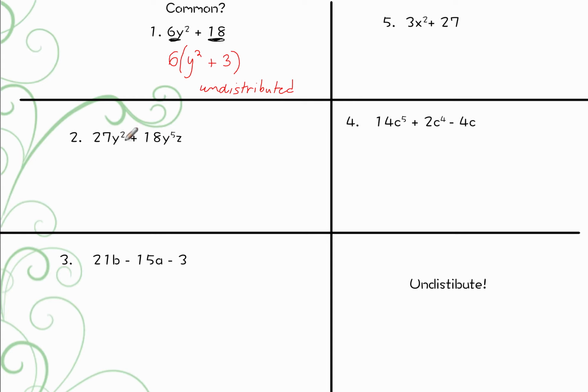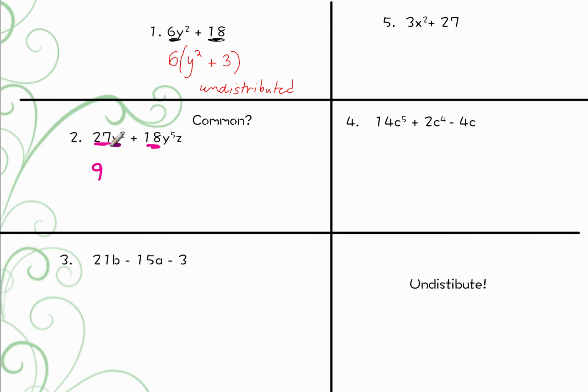All right, for number 2. Well, number 2's got a lot more letters in it and bigger numbers. So let's do one at a time. Let's look at 27 and let's look at 18. And remember, what's common to 27 and 18? A 9. But we're not done yet.